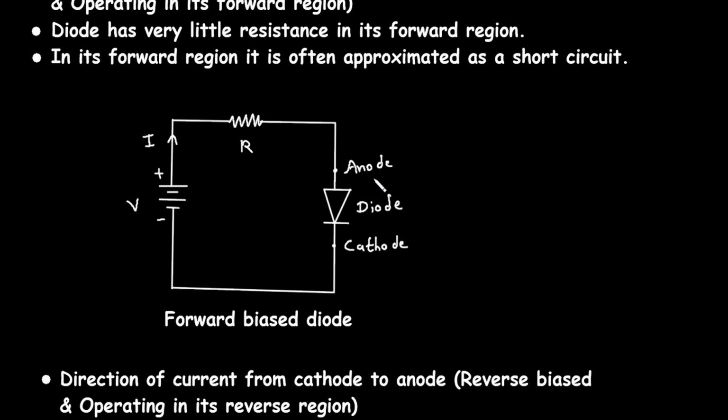So remember that diode has two terminals, one is anode and second is cathode. And here this resistor is connected in series with this diode and this is the battery or voltage source. And here we can see this is the current which is represented by capital I. So this is the forward bias diode.